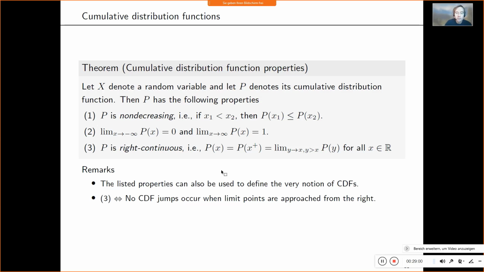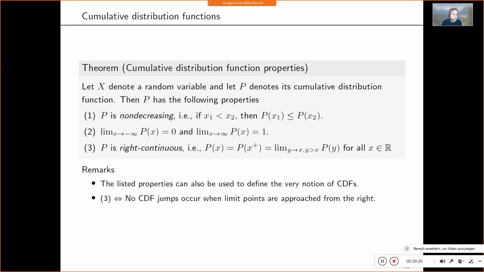So as I already said, the listed properties can also be used to define the very notion of CDFs. This right continuity is intuitively the same as saying that no CDF jumps occur when limit points are approached from the right.